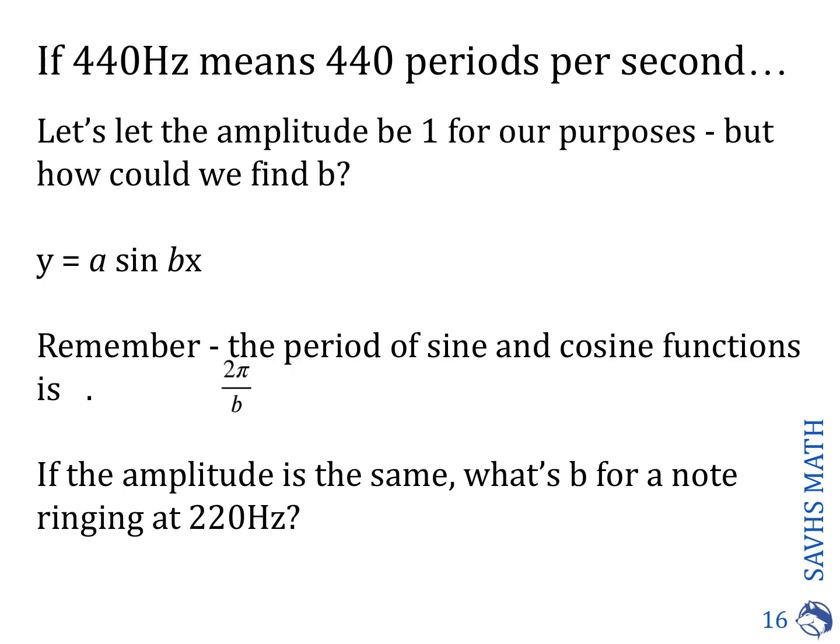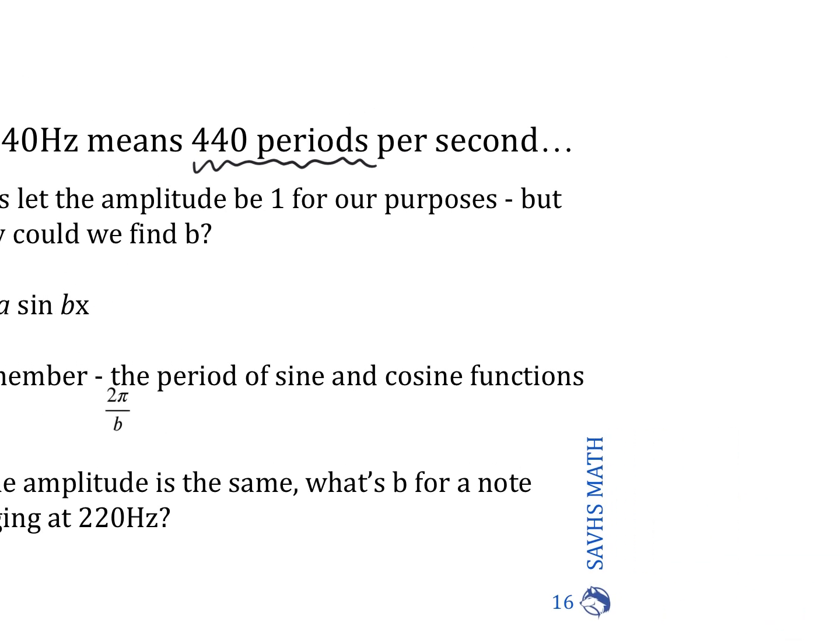Okay, so 440 hertz means 440 periods per second. And if we draw a little diagram of what this wave could look like, if this is my 1 second, so this would be 0 seconds, then this wave is going up and down and up and down and up and down 440 times.